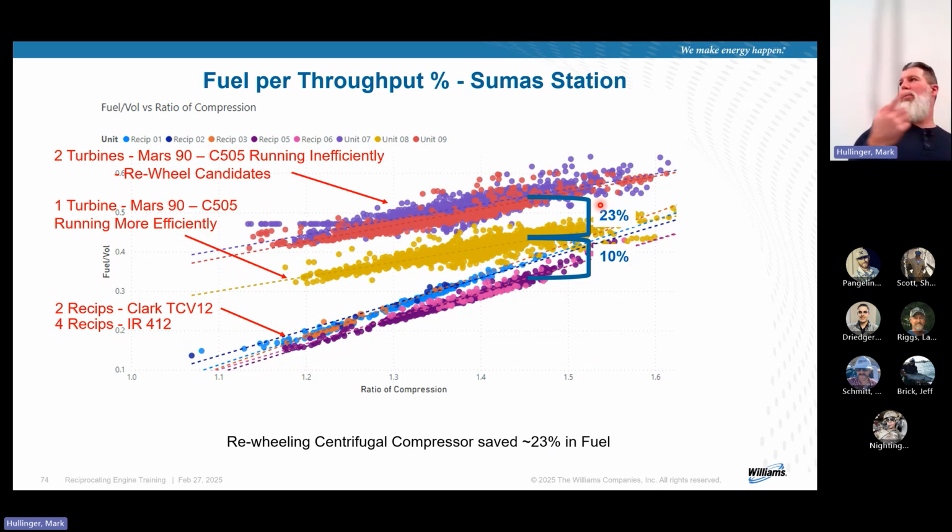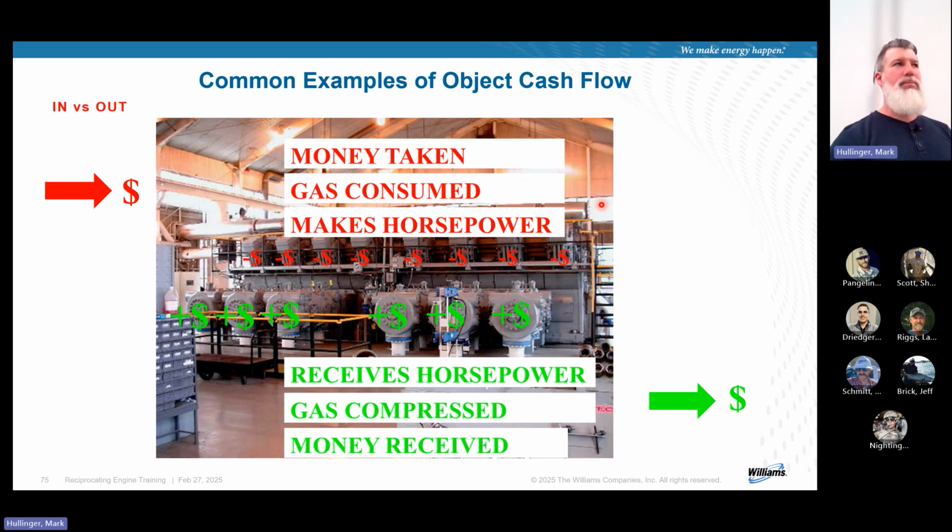Oh, good question. So the question is, what's the methane slip for recips? A whole lot. And a turbine is almost 0. I think it's more like 16 to 20%. Yeah, it's high.